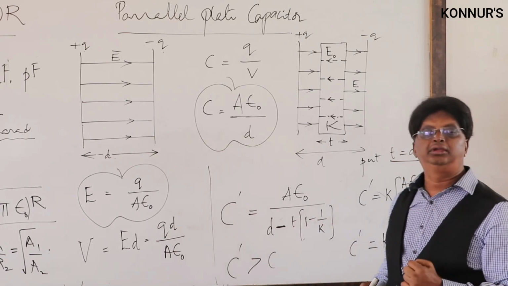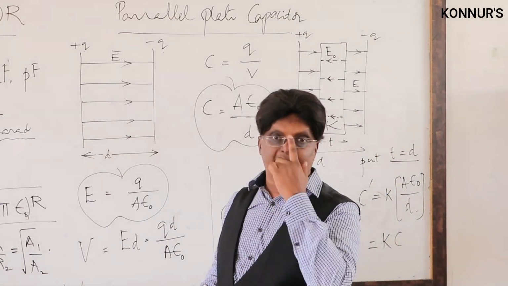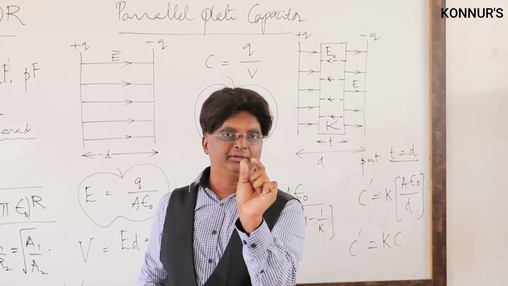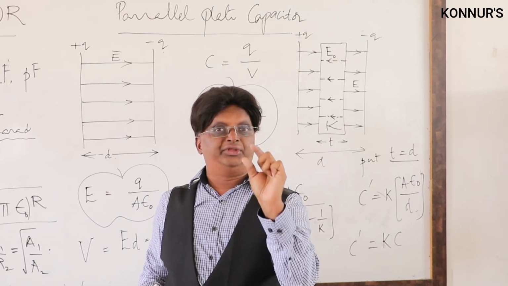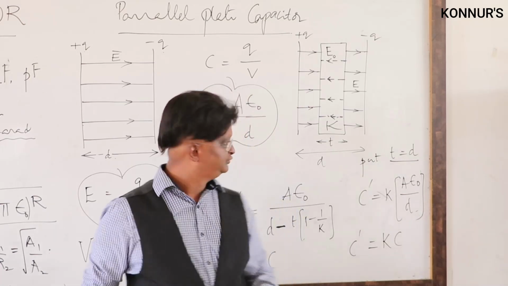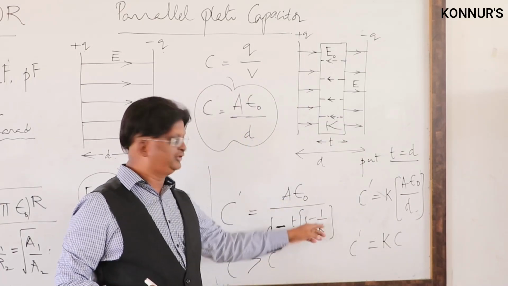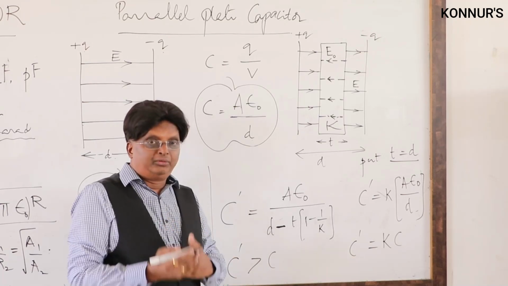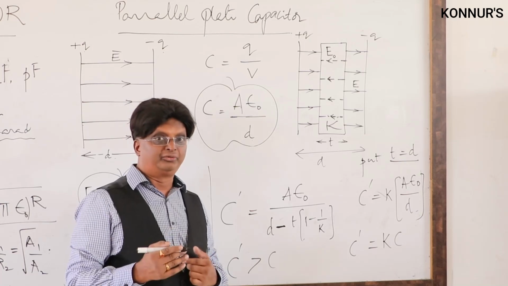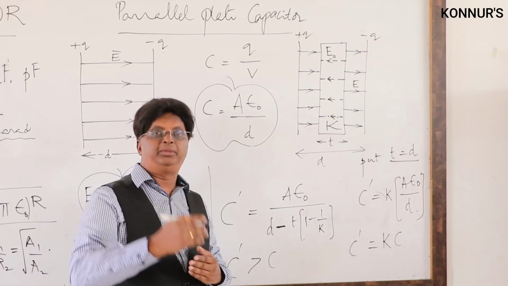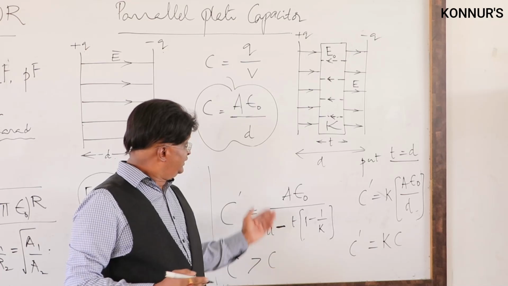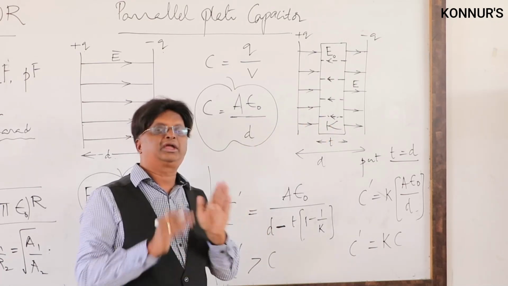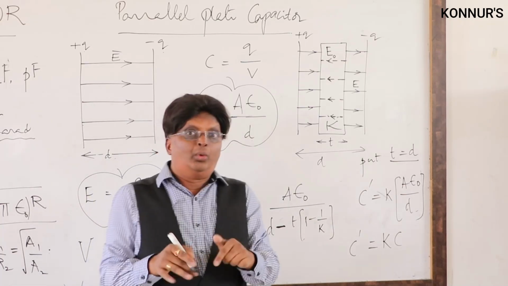Now this is an important thing. While you are looking at some examples, the solution is based on this particular term, the factor by which the distance has to be changed. Remember, T into 1 minus 1 by K is the factor by which effective distance is decreasing. Some of the examples, which you will find in your assignments, ask that even after placing the dielectric, for the capacity to remain constant, what is to be done?